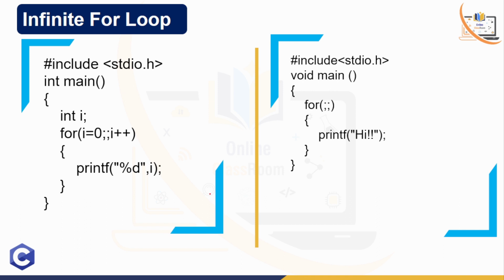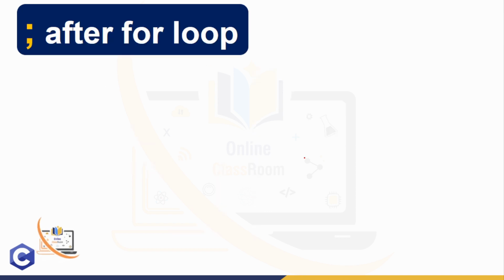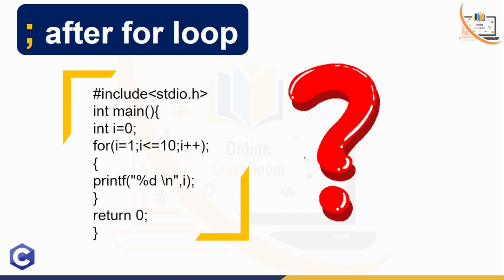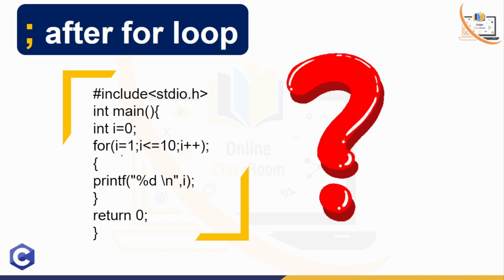Now another question. For each and every for loop, you can see that after it there is no semicolon. A semicolon is basically the end of a line, and in a for loop there is normally no semicolon after it. But the problem is, if we put a semicolon after the for loop and run this code, then what happens? Here the value of i equals 1, i less than or equal to 10 and i++, but there is a semicolon after the for loop.